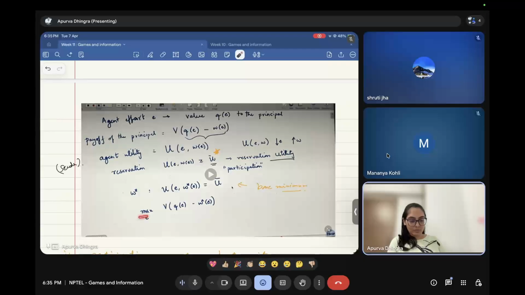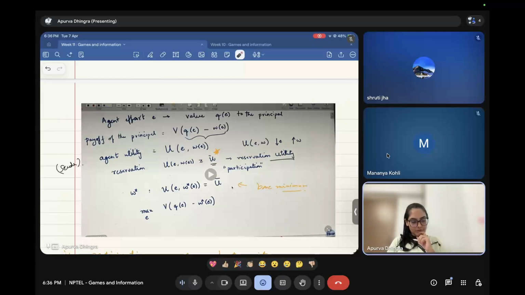And that's what they want to maximize. And in the process of maximizing, they still want to make sure that the wage offered is not way too high from their expectations, based on some utility criteria, or what they're calling a participation or reservation utility, or just a participation fee of a kind.